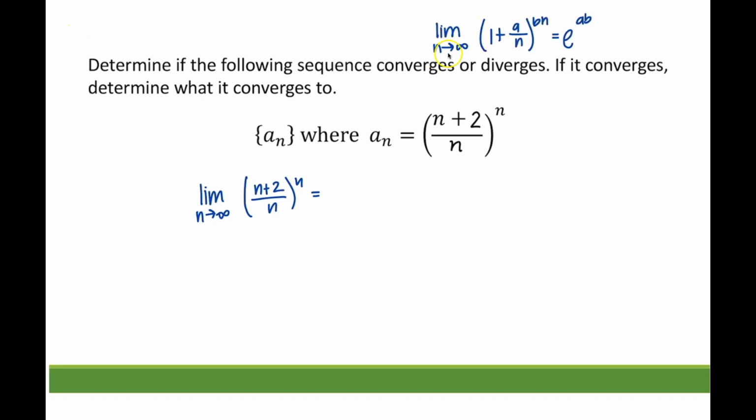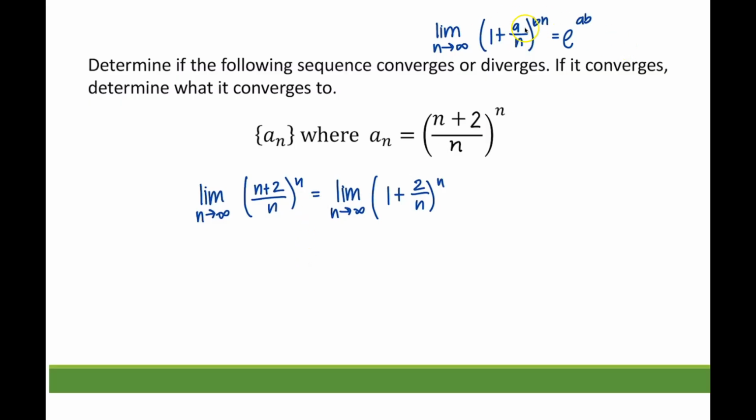The idea that the limit as n approaches infinity of 1 plus a over n to the power of b times n equals e to the ab, as long as we rewrite what's inside here. So we can rewrite this as the limit as n approaches infinity of, if we split this up, n over n is 1 plus 2 over n to the n.